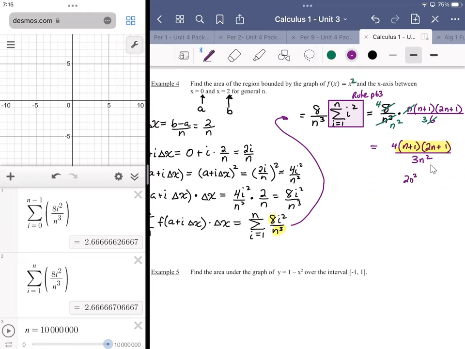Outers would be n, inners would be 2n, so 3n plus 1 times the 4 over 3n squared, which is going to give me 8n squared plus 12n plus 4 over 3n squared.